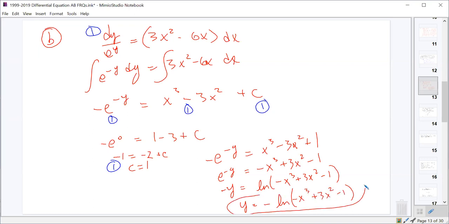And once again, you don't need to put the domain, but if you want to, you could just say negative x cubed plus 3x squared minus 1 has to be greater than 0, and that's good enough there. And that's 6 points for part B. Any questions on that one?